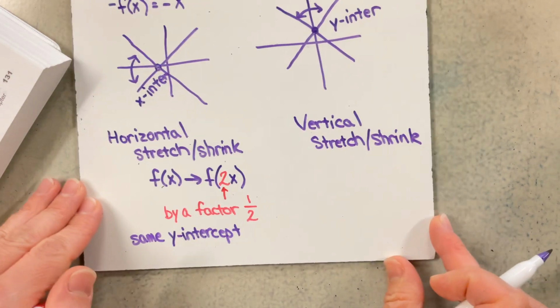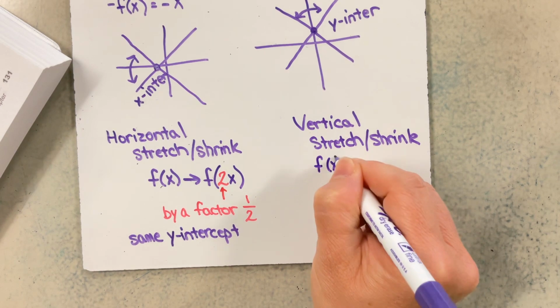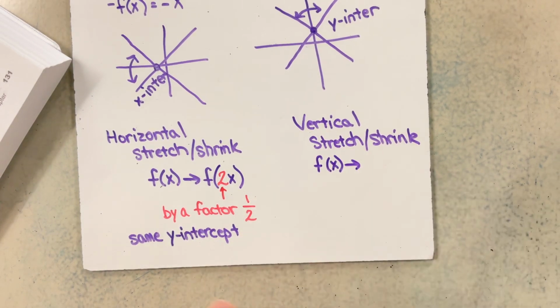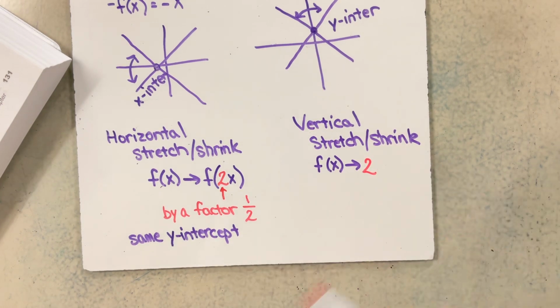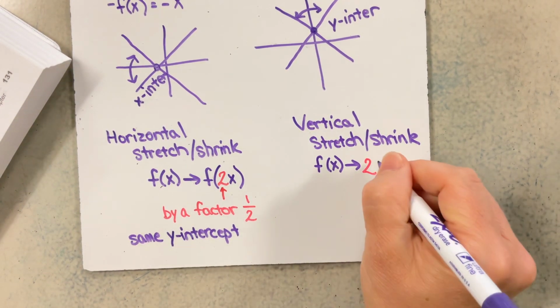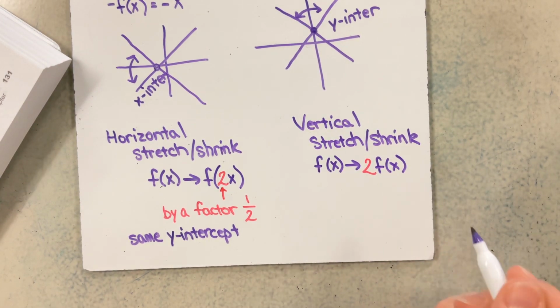The vertical looks similar, so it's f of x, but the value that you're multiplying by, we're just going to use 2 again, is on the outside of f of x. Okay.